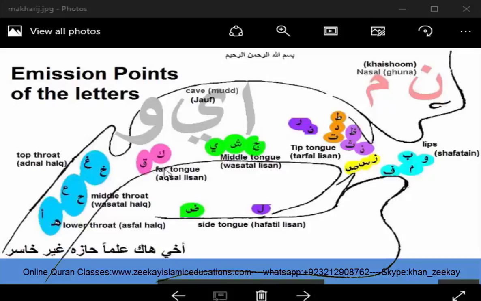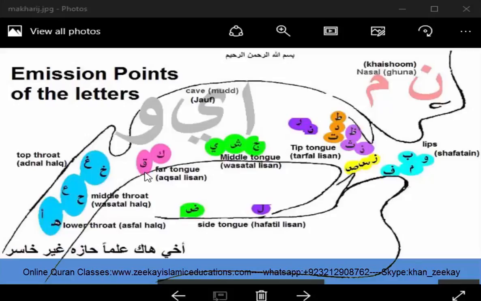To pronounce the letter kaf, the back of the tongue touches the palate. But you should understand that qaf is pronounced by touching the extreme back part of the tongue.